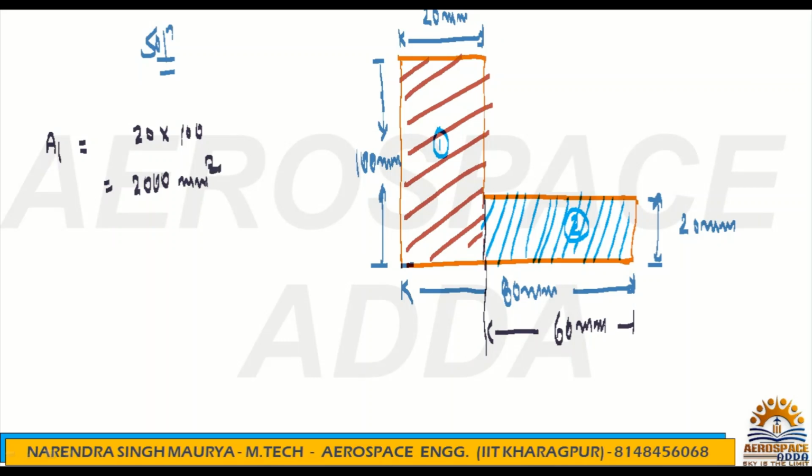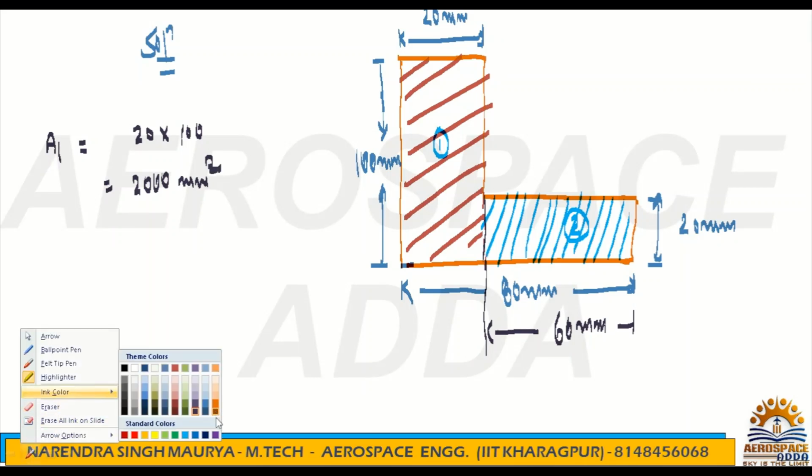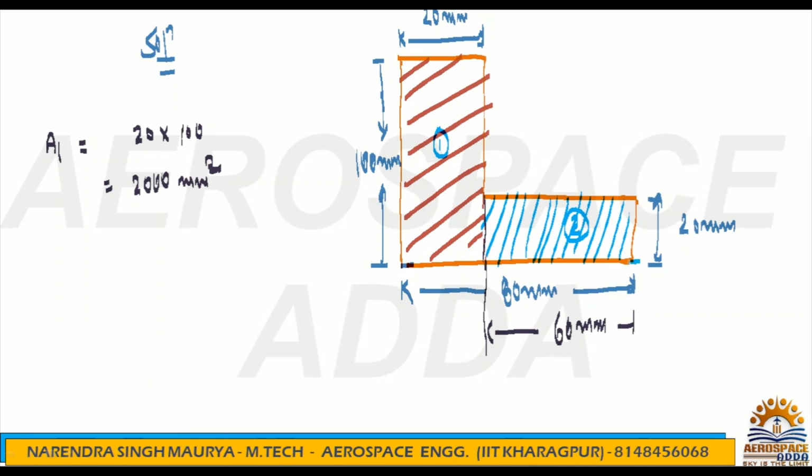Now I can draw the reference axes. This is the x axis here, and this is the y axis here. Each and every measurement will be from the x axis and y axis. What is x1?